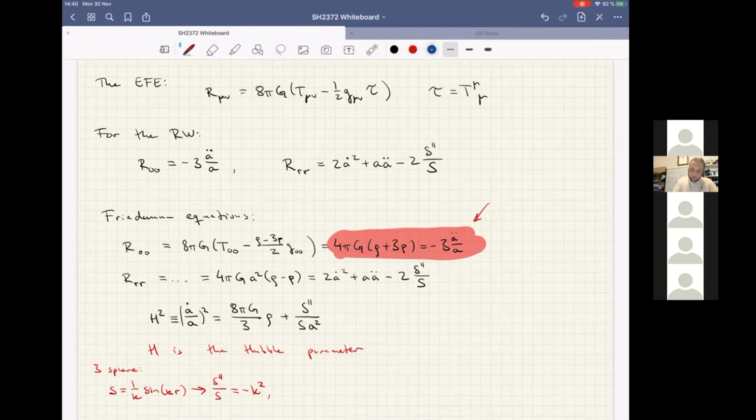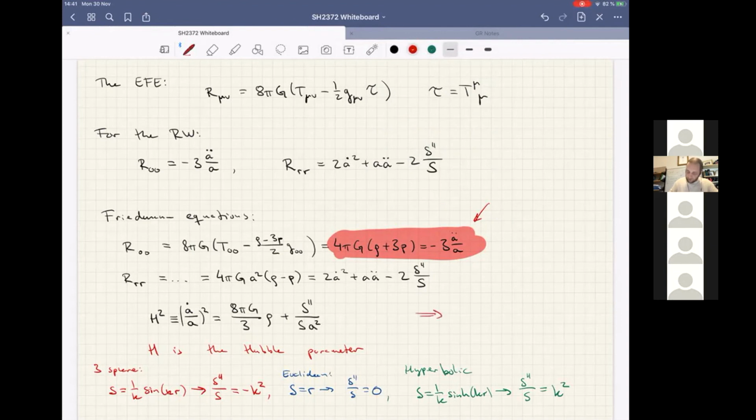For the Euclidean case, we had S equal to r, which gives you S double prime divided by S equal to 0. And finally, for the hyperbolic space, we had S equal to 1 over k hyperbolic sine kr, which gives you S double prime divided by S equal to k squared.